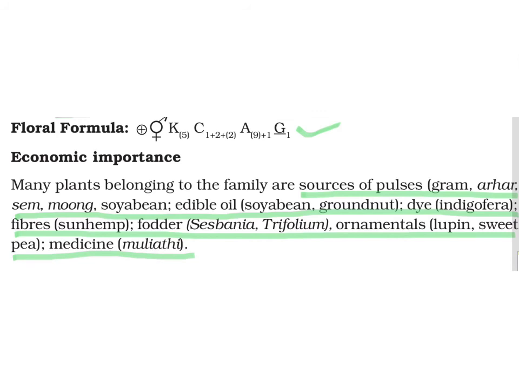Now lastly, we will talk about economic importance. I have again shown you the floral formula so that you can revise it. If we see the floral formula, firstly the symmetry is shown, then the representation of bisexual flower, then calyx, then corolla, then androecium and gynoecium.